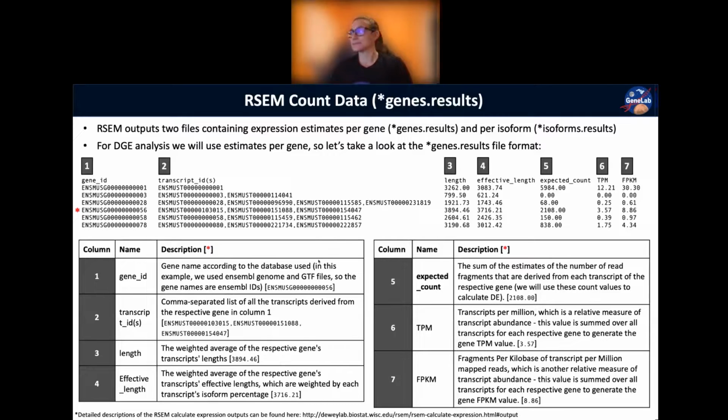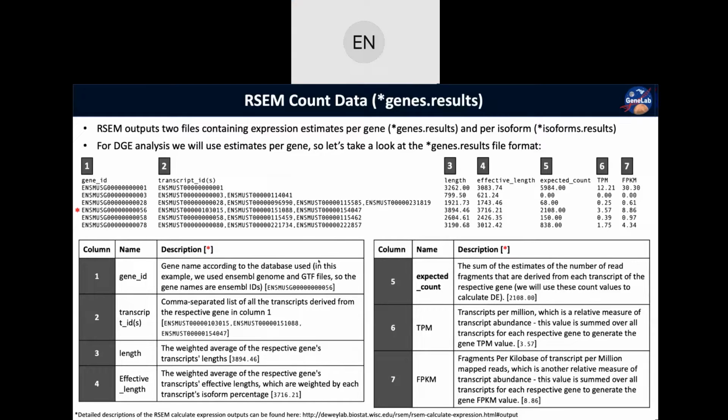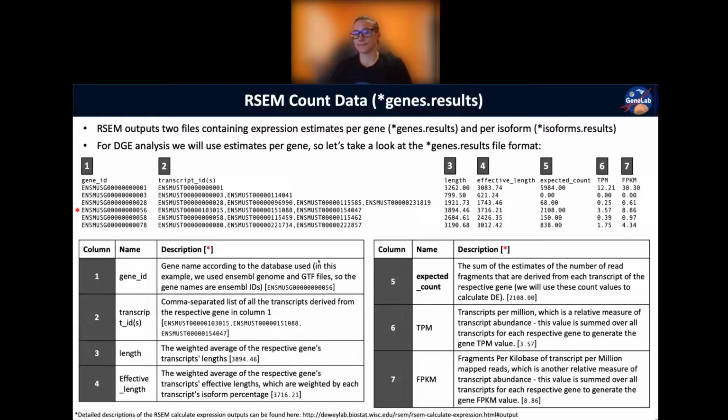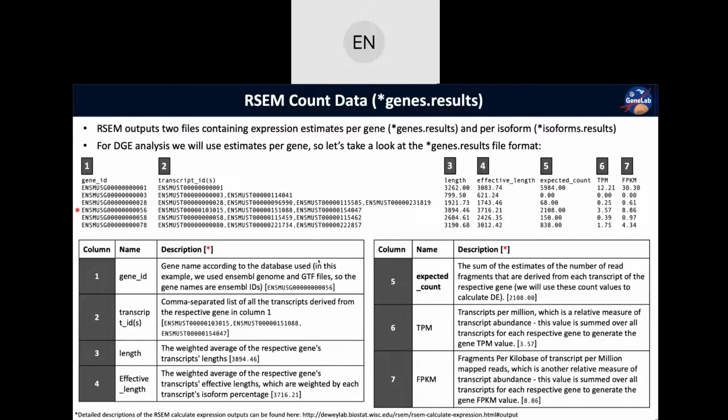Okay, and then I'm a little confused because the effective length is the average. Does it select the longest transcript and say that's the length? Because it says this is the length, and then it shows an effective length, which is the weighted average of the isoform lengths. So what's in the first column for length?